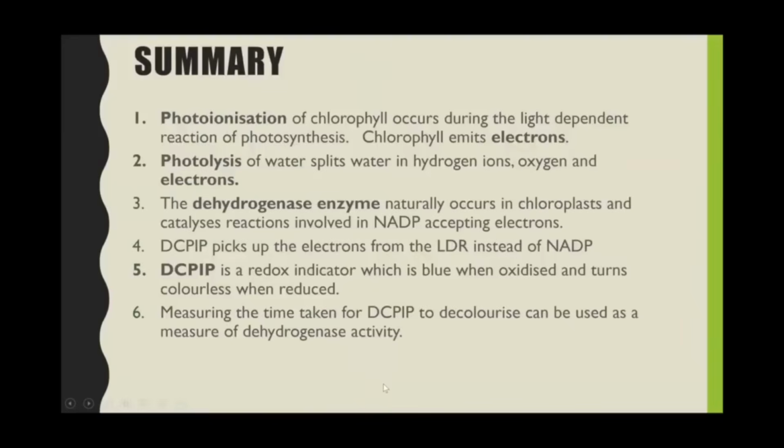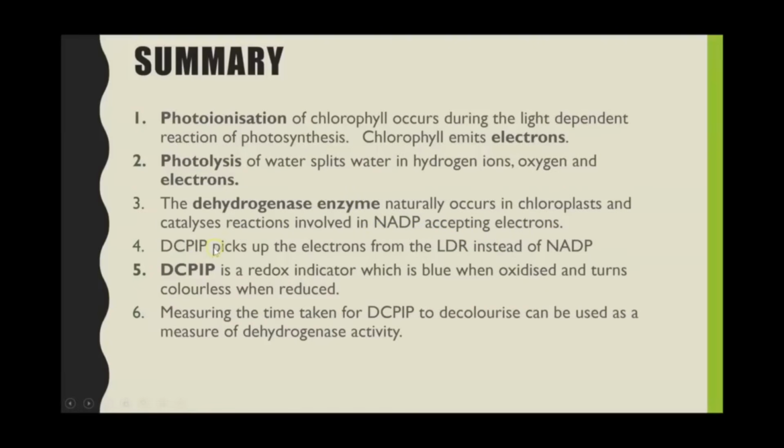So, in summary, the photoionization of chlorophyll is occurring during the light-dependent reaction, and the chlorophyll is emitting those electrons. Photolysis of water is the splitting of water into hydrogen ions, oxygen, and the electrons are the parts that we are interested in this investigation. The dehydrogenase enzyme naturally occurs in chloroplasts, and that is catalyzing the reactions involved in NADP accepting electrons.